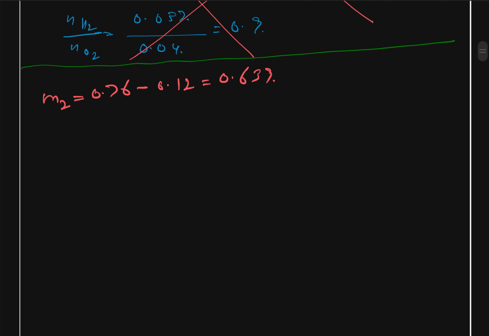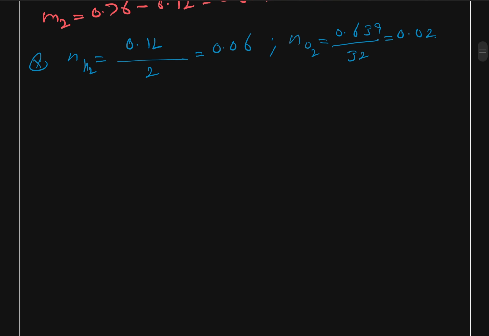Now we can find out our number of moles of our hydrogen, and that comes as 0.12 divided by 2, which comes as 0.06, and number of oxygen is 0.639 divided by 32, giving us 0.02.